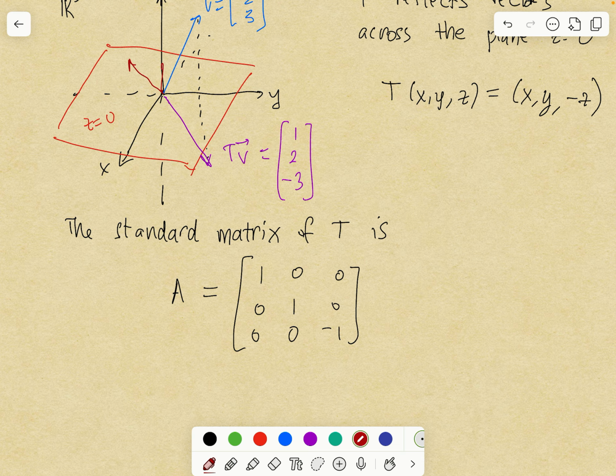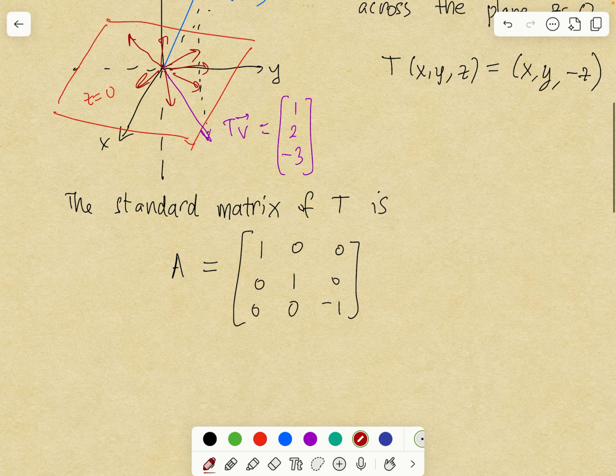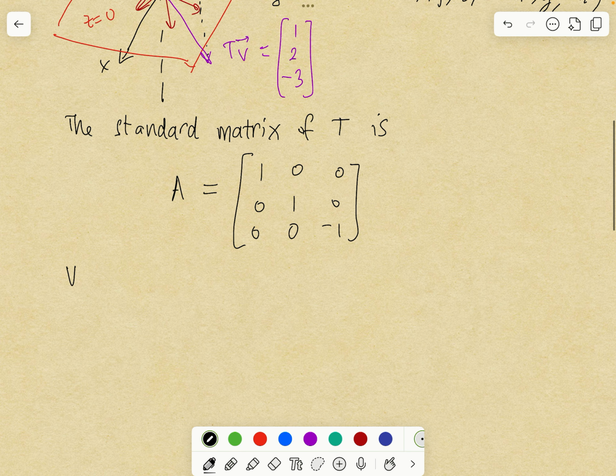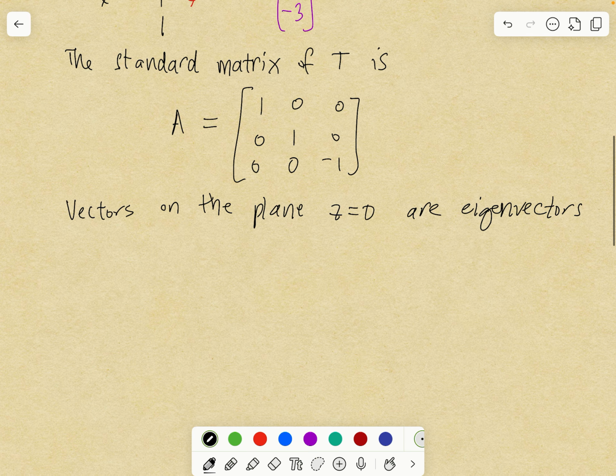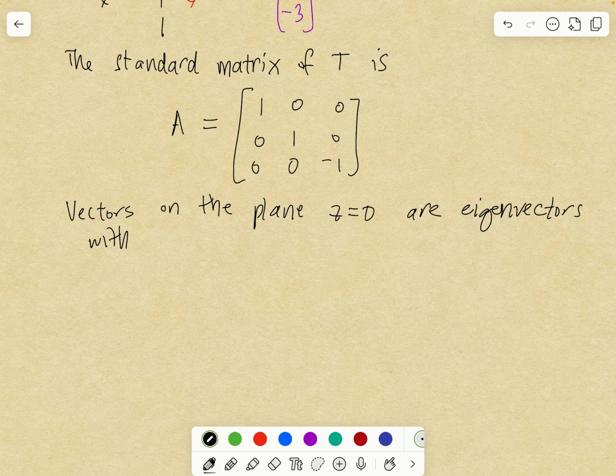So these vectors on the plane, z equals 0, are eigenvectors, technically with the exception of the 0 vector. Eigenvectors with eigenvalue 1, right? The vectors that don't move under the mapping have eigenvalue 1 because it's just A V equals V.